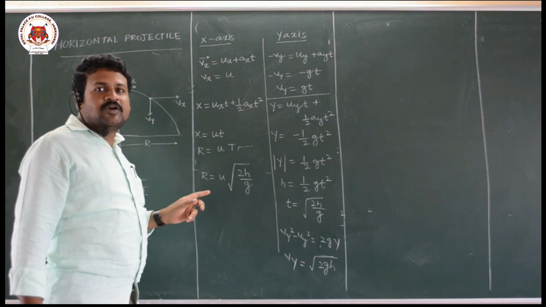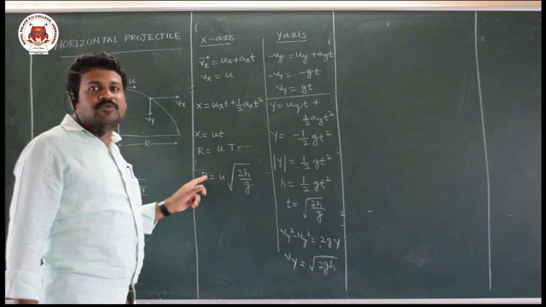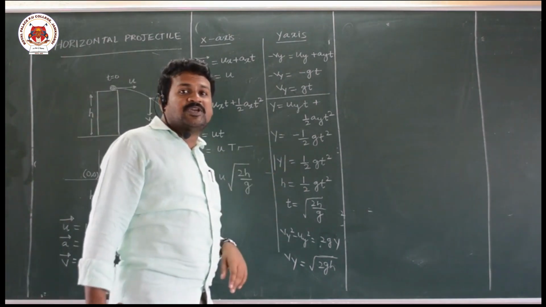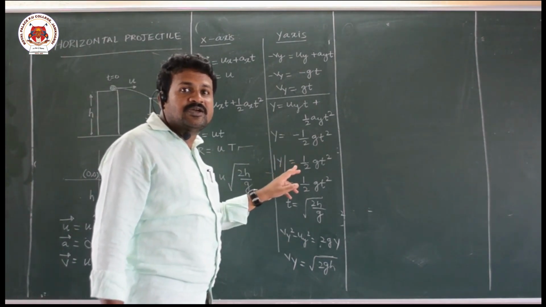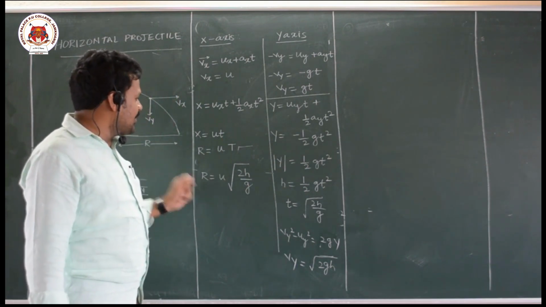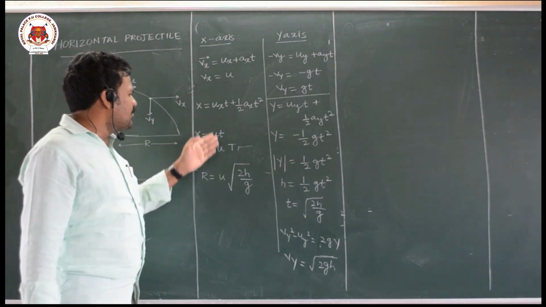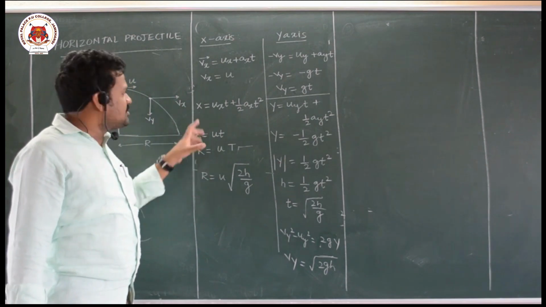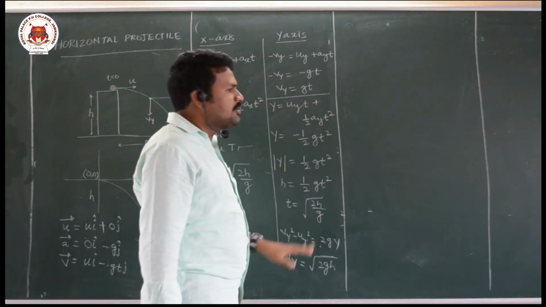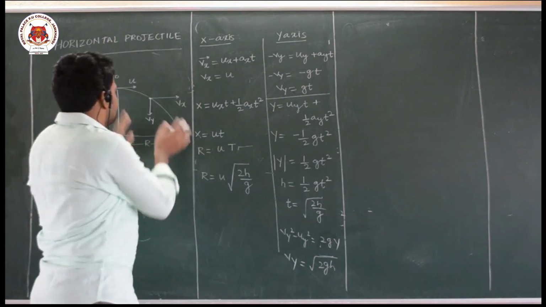It is a body travelling with a uniform velocity of u cos theta along x axis, and a vertically projected body with a velocity of u sin theta in y axis. So this also can be explained as a body travelling with a uniform velocity along x, and it is nothing but a freely falling body along y. It acts like a freely falling body.